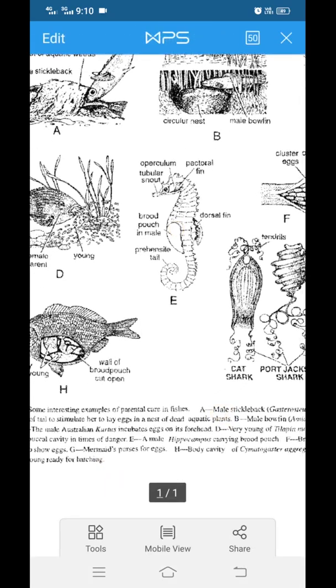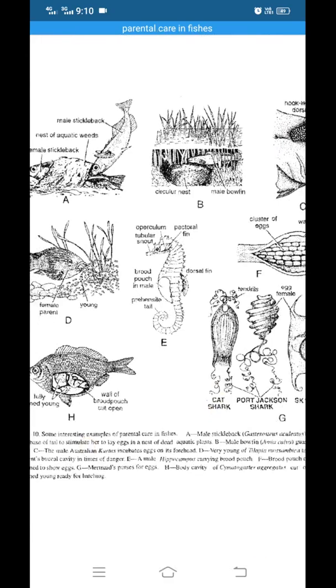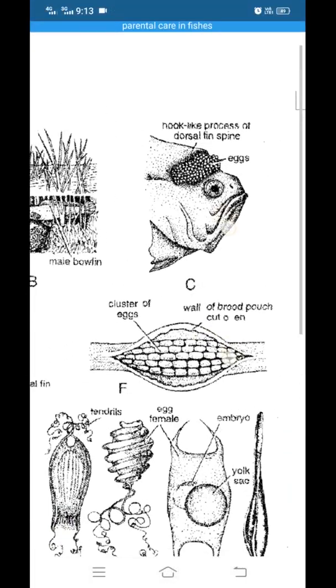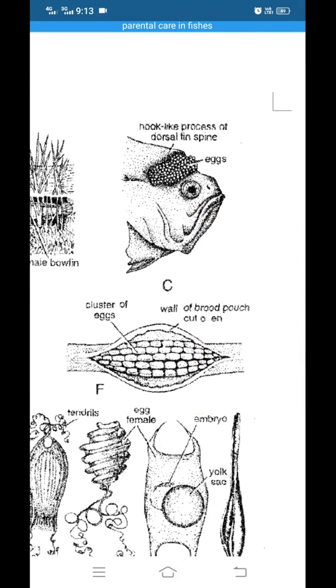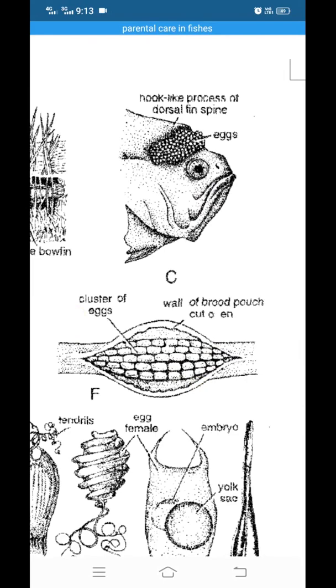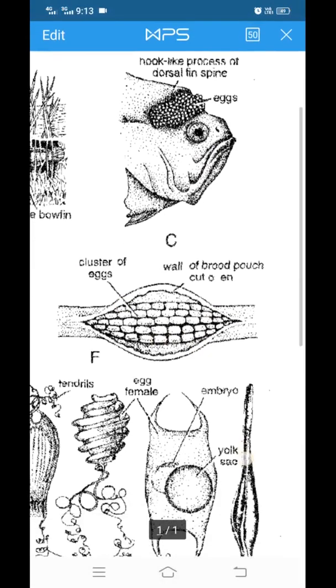Here you can see the Hippocampus and the brood pouch present in the belly of the male. One other example can be seen here of Syngnathus. These are their brood pouches, opened to show the eggs. These are the clusters of eggs present in the brood pouches of Syngnathus.